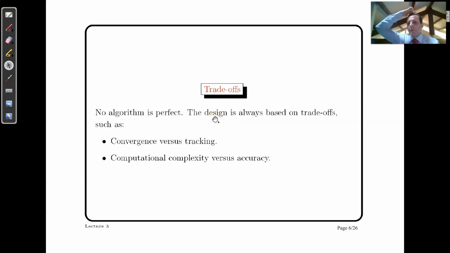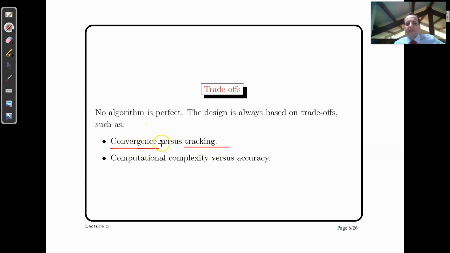Of course, we will see that there are some trade-offs, some compromises. For example, the convergence requirement is in contrast with the tracking.